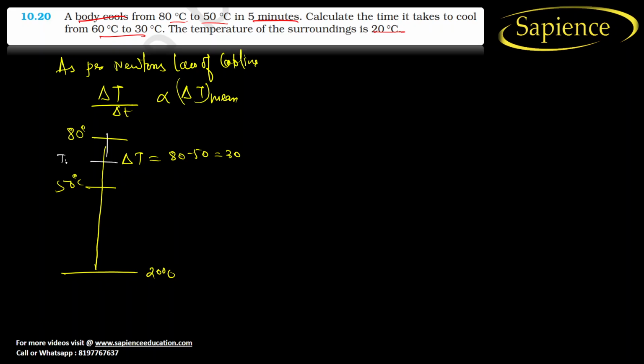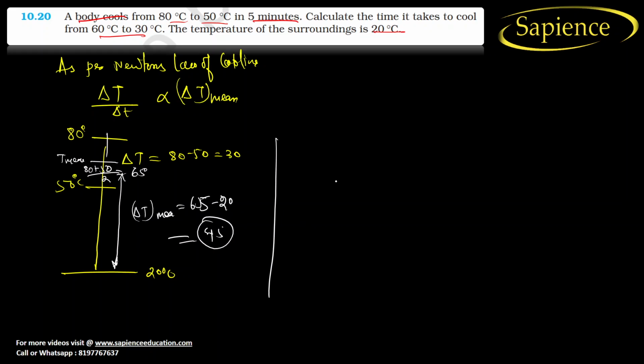T mean will be the average of 80 plus 50, so T mean is equal to (80 + 50)/2, which is 65. So delta T mean is equal to 65 minus 20, so this will be 45. Okay, so this is case 1.